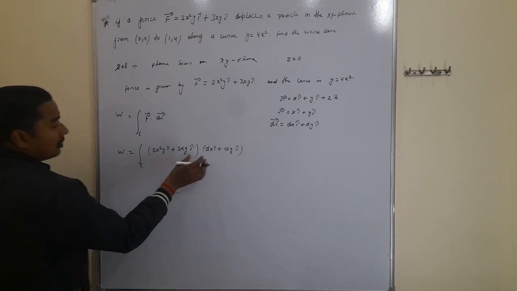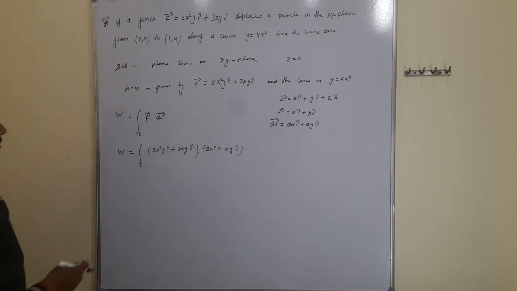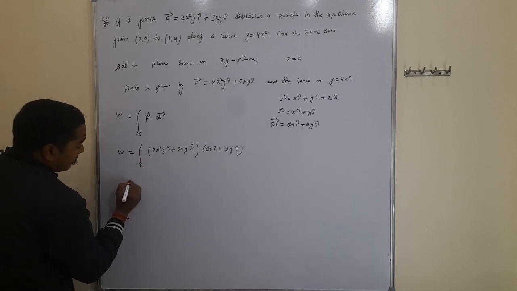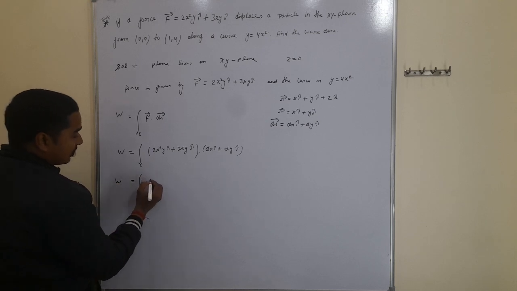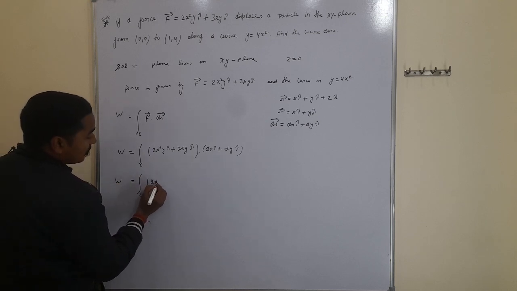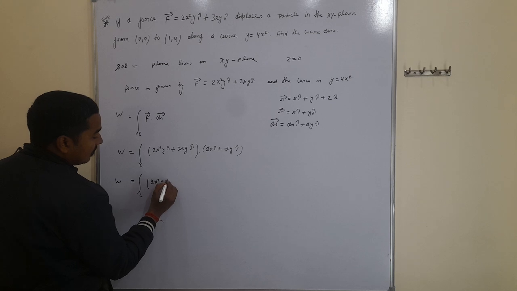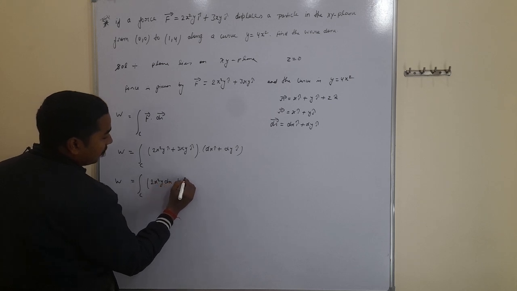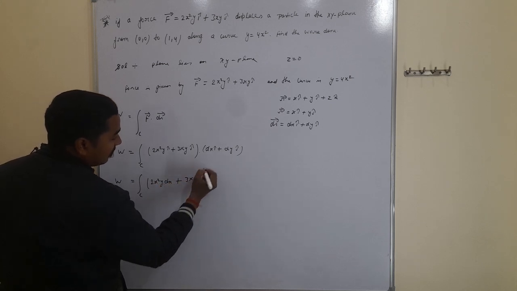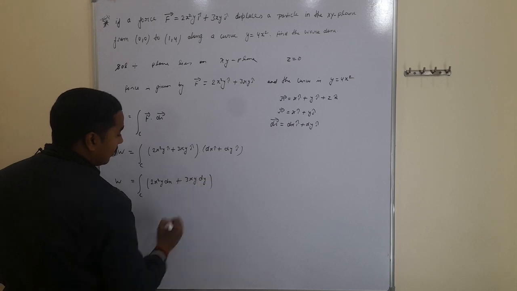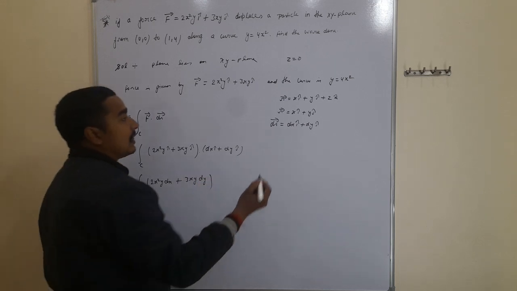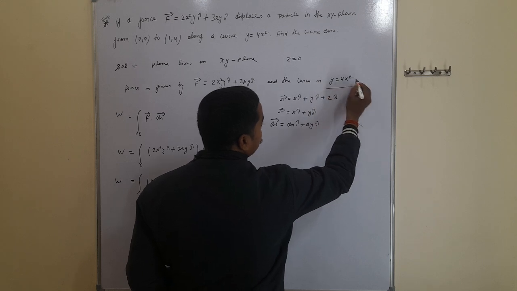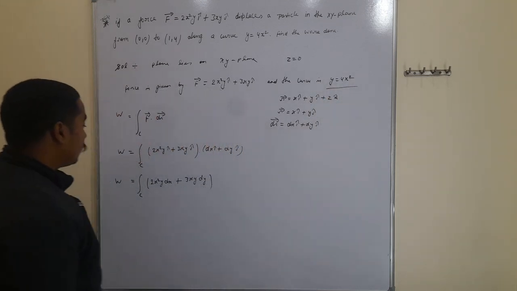Solving the dot product, W is equal to the integral of 2x²y dx plus 3xy dy, and further we have to put the value of y, since the curve is given by y equal to 4x².